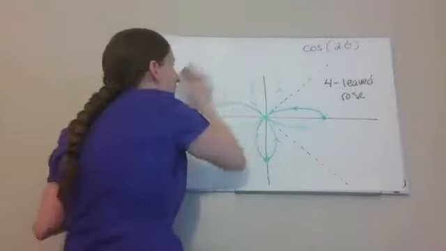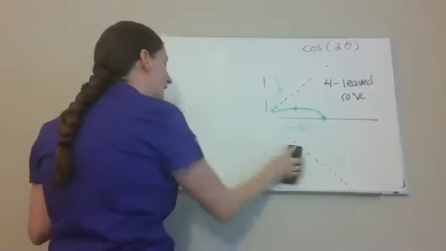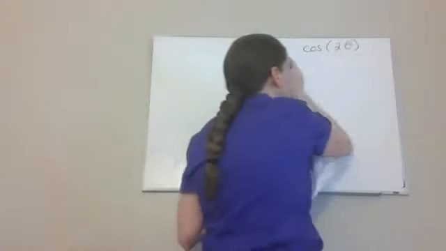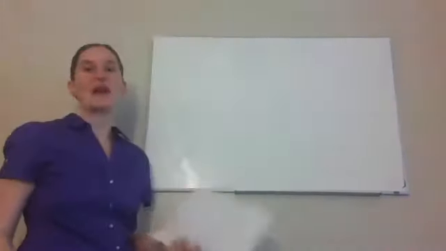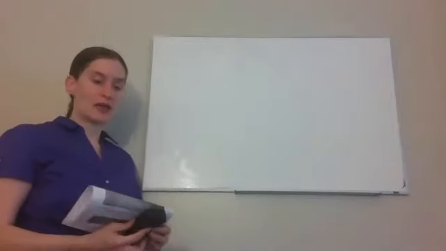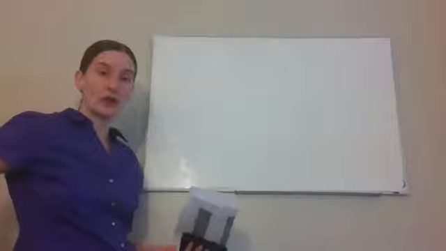All right, so all we've done with polar coordinates so far is a lot of sketching, converting between polar and Cartesian. Now we have to actually do calculus with these things. So the first thing we're going to do is learn how to get a tangent line to a polar curve.